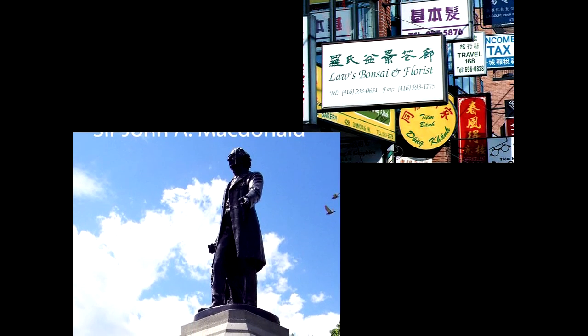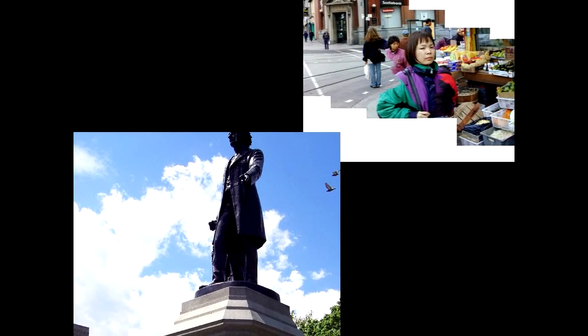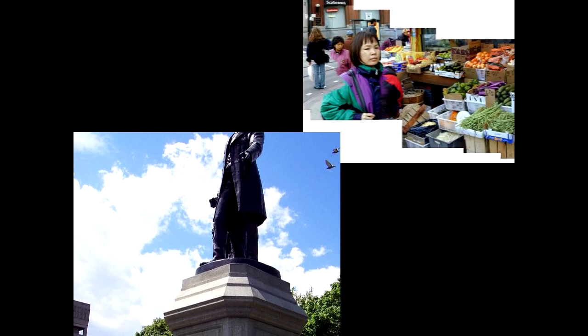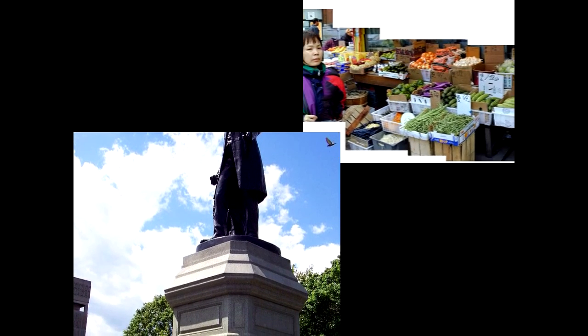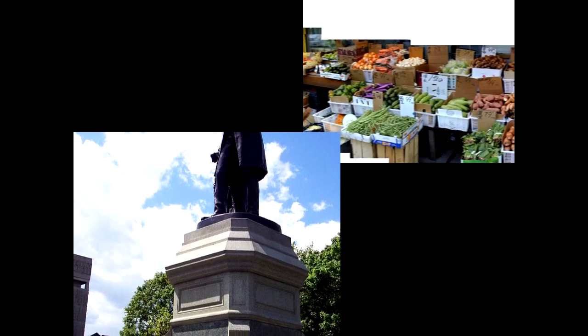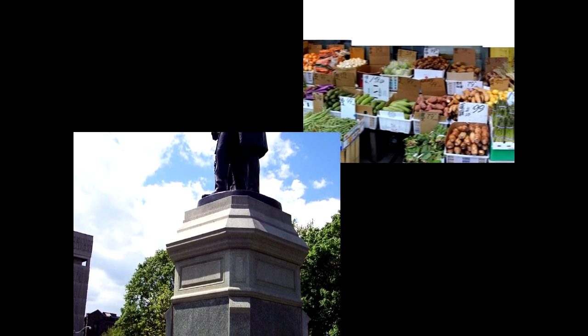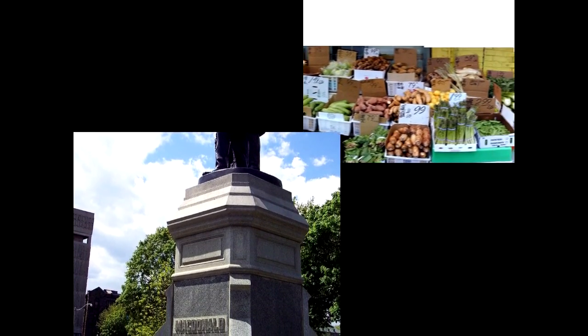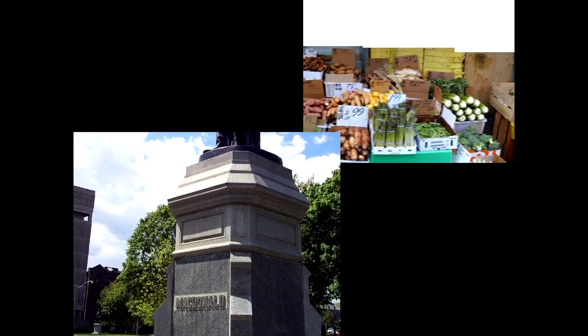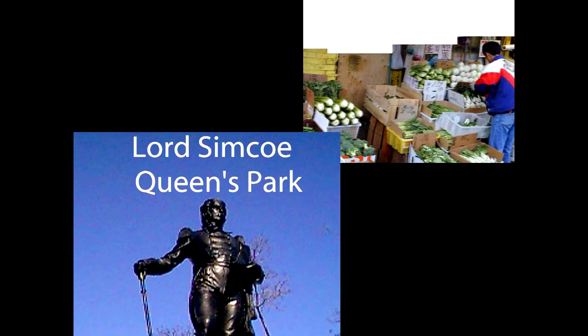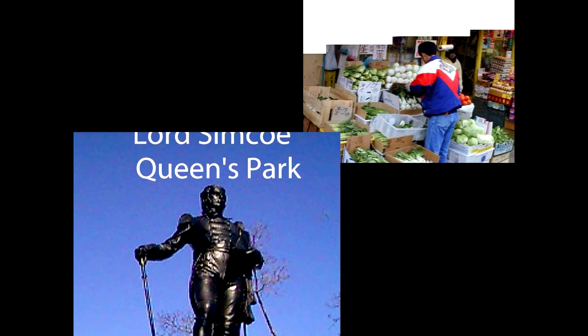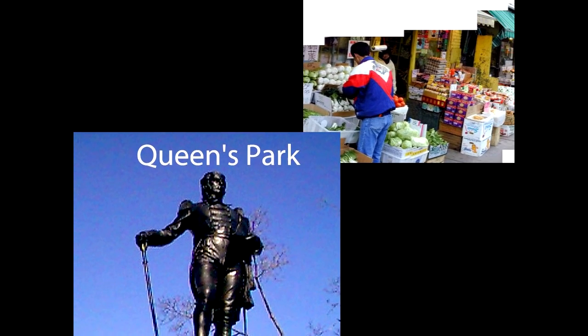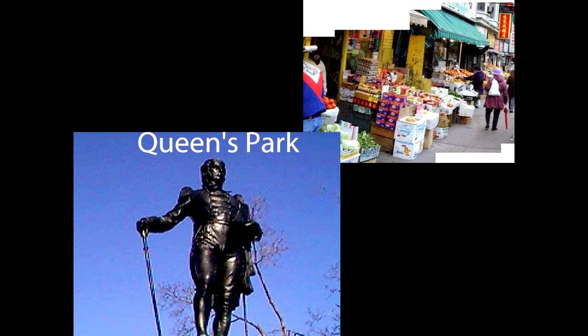Sir John A. Macdonald, of course, was the Prime Minister of Canada from 1867, Confederation, until his death in 1891. But he was also an architect in the Confederation of Canada. Lord Simcoe contributed to a lot of the settlement in southwestern Ontario.